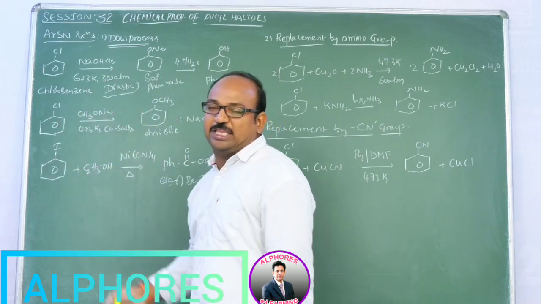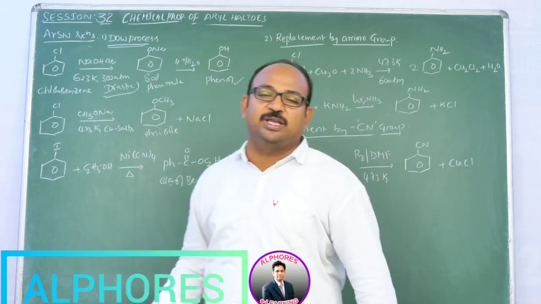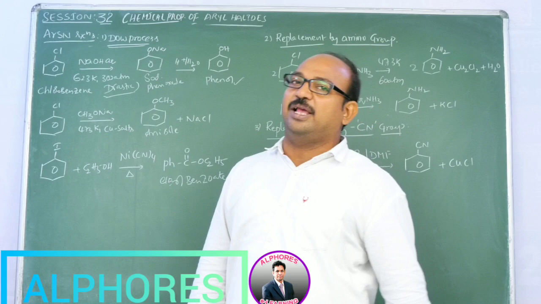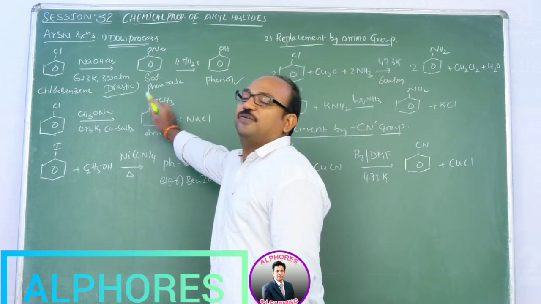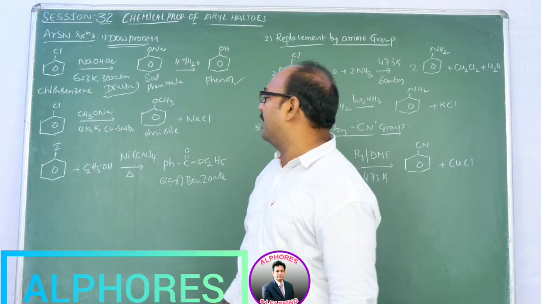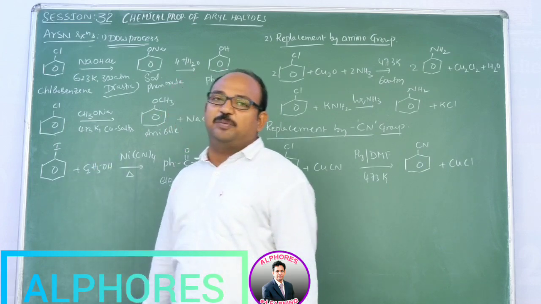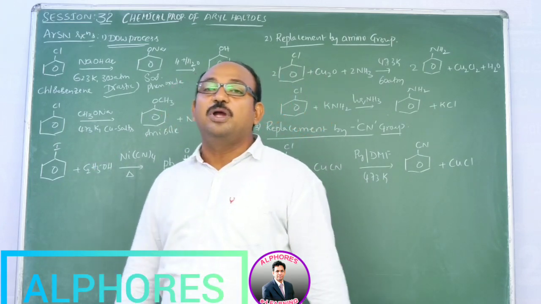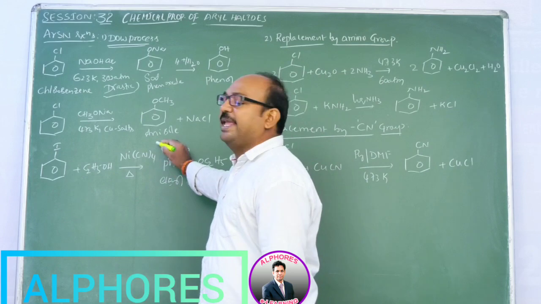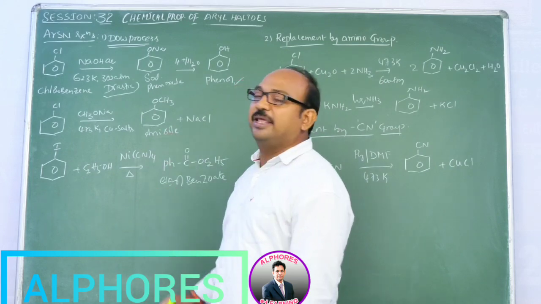When we are using OH minus, we are getting C6H5OH. When we are using OCH3 minus, we are getting C6H5OCH3, an ether.